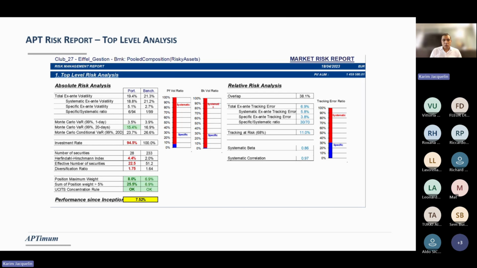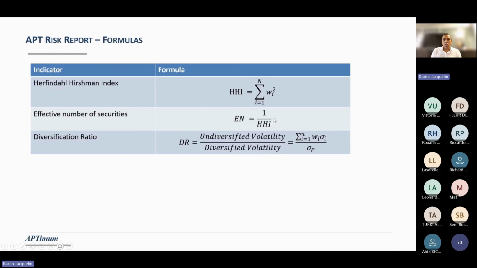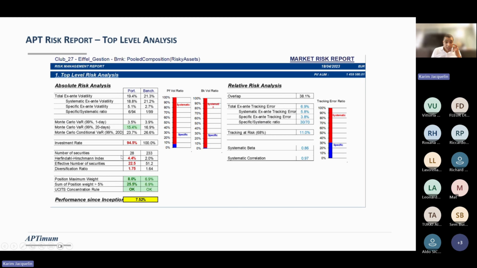Yeah, that's a good question. So we don't use the square root, it's the square. So I will just show you the function. The function is here. So we take the weights and we square the weights to compute this HHI index. Your question is a fair question.